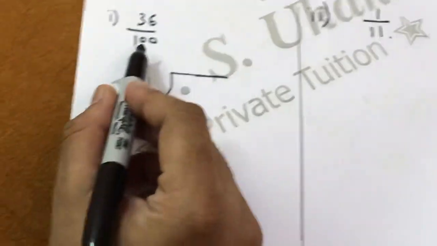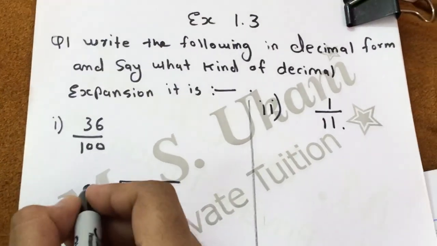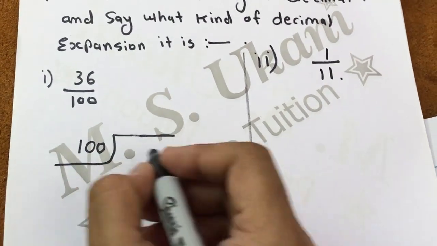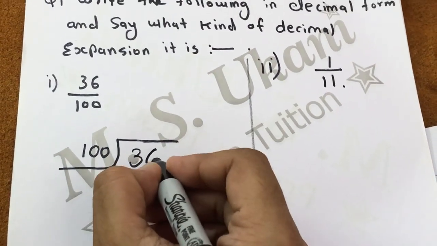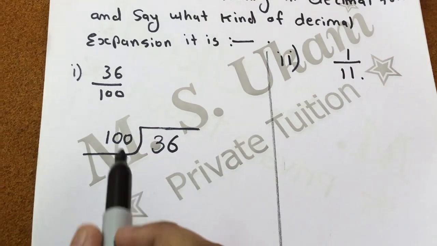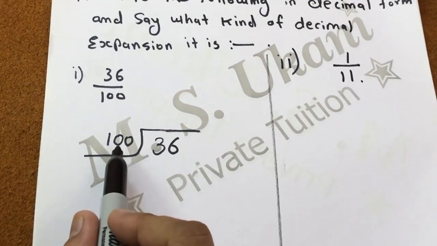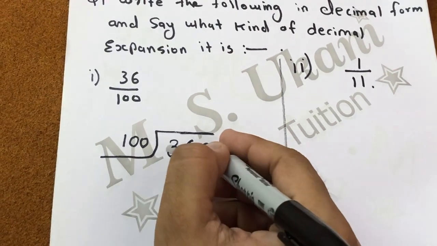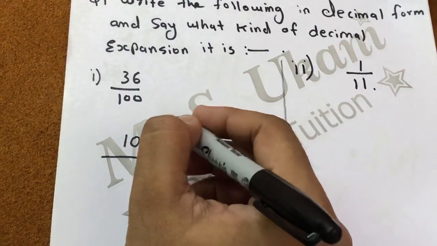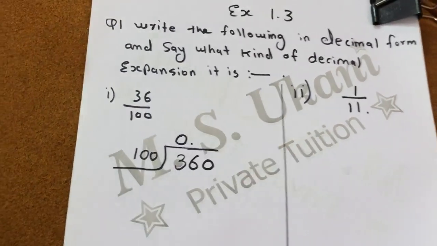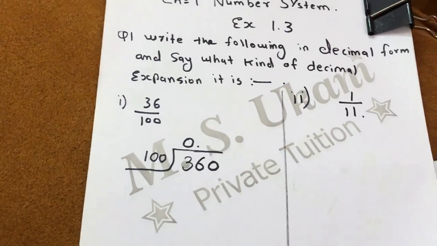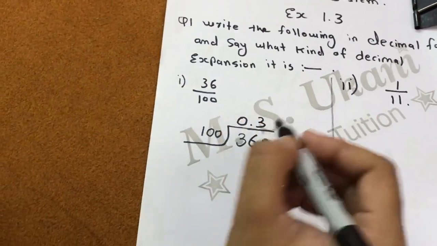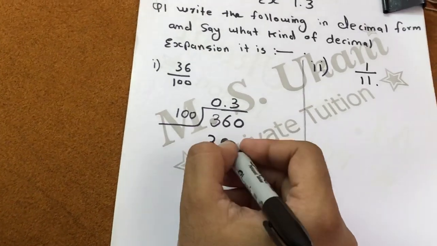The denominator should be written outside and the numerator should be written inside. Now here 36 is smaller than 100, so division is not possible. So we will put 1 0 here and 0 point here. Okay, now the division is possible. So 100 3s are 300.